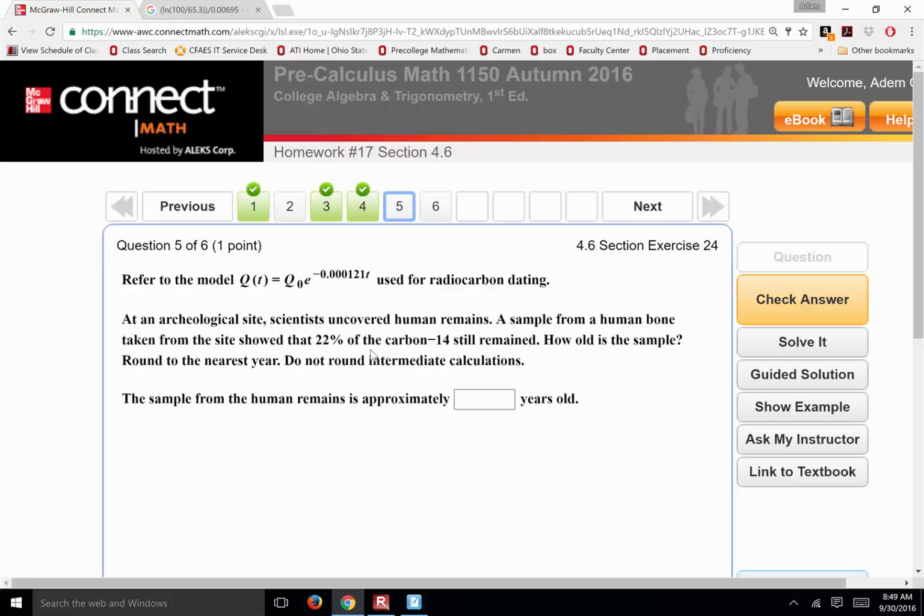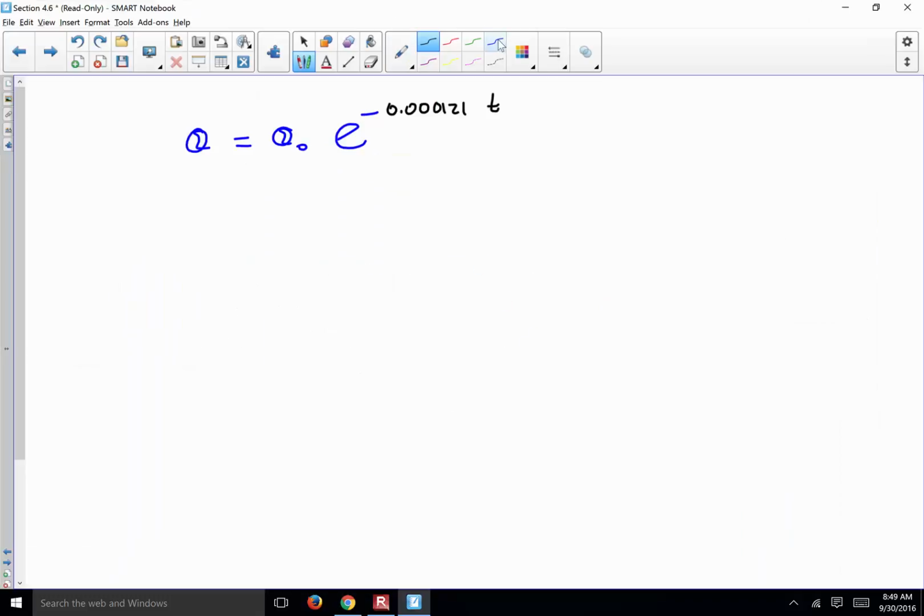How long does it take to drop to 22% of the current amount? How old is the sample? Round to the nearest year. Do not round intermediate calculations. Get the final one. We're going to find out how many years old it is. So the final amount is going to be 22% of the current one.